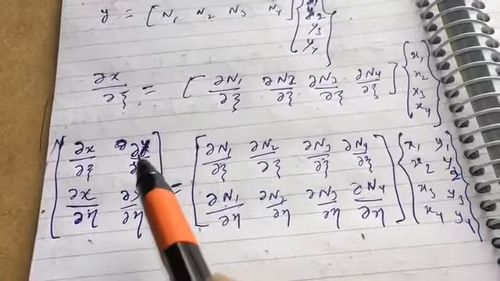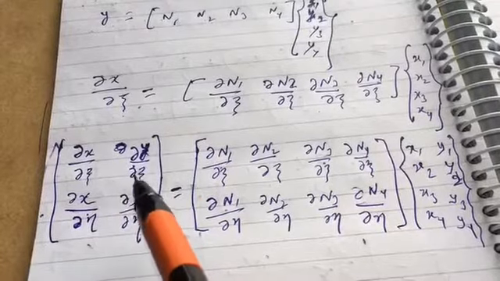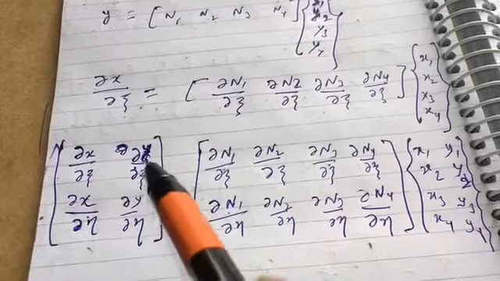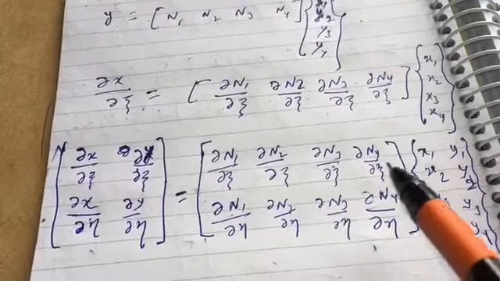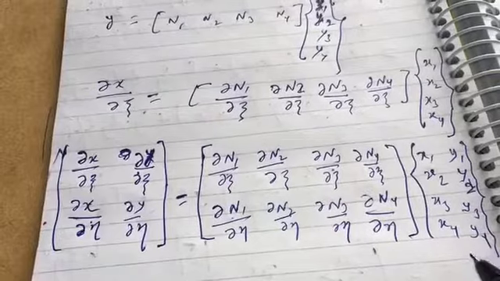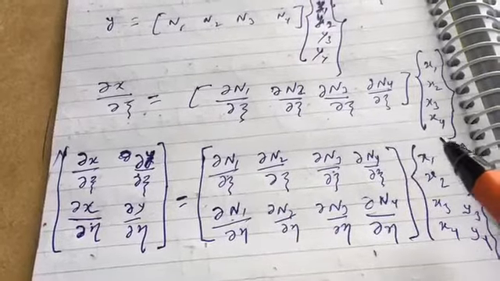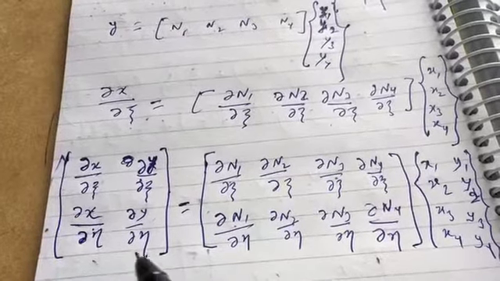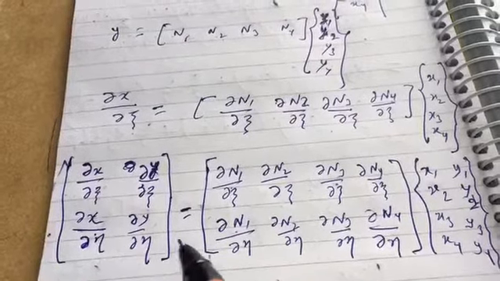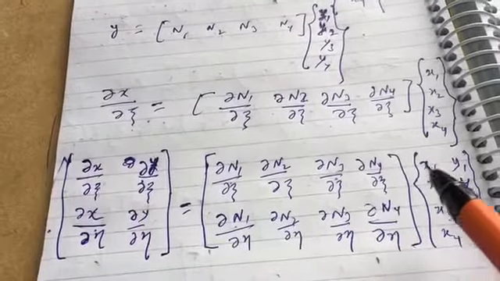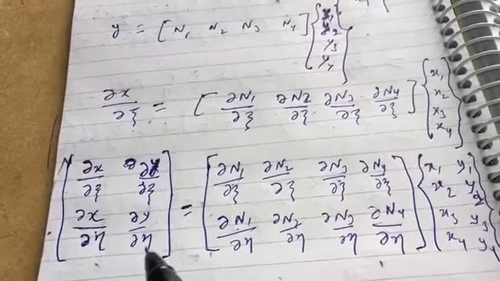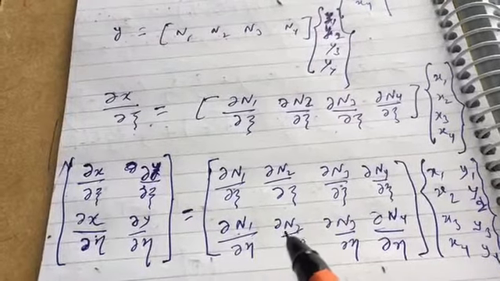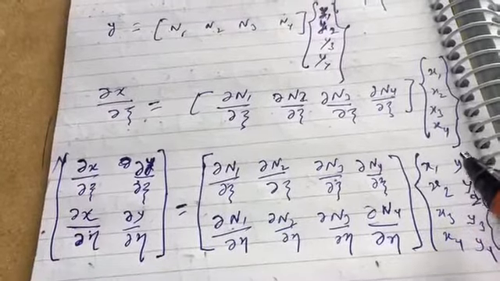If you want del y over del xi, then we have the first row multiplied by the second column. If you want del x over del eta, then you have the second row multiplied by the first column, and if you want del y over del eta, then you have the second row multiplied by the second column.